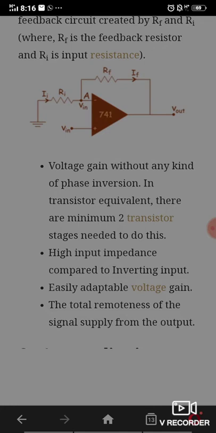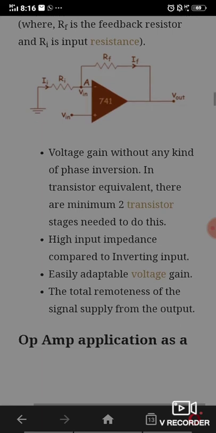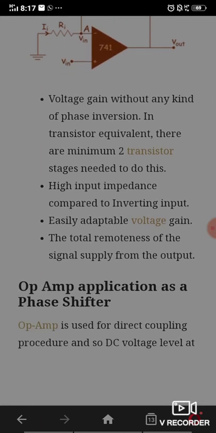In a transistor equivalent, a minimum of 2 transistor stages are needed to do this. It has high input impedance compared to the inverting input, easily adaptable voltage gain, and total remoteness of the signal supply from the output.